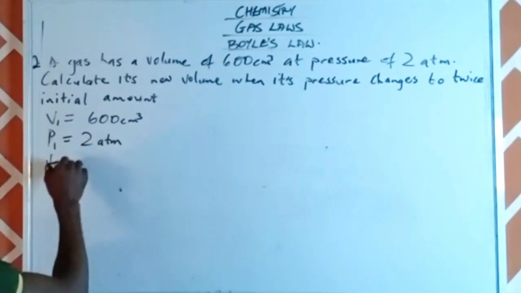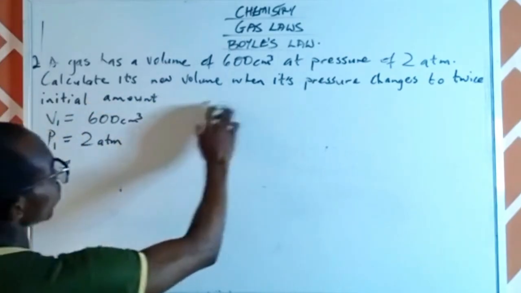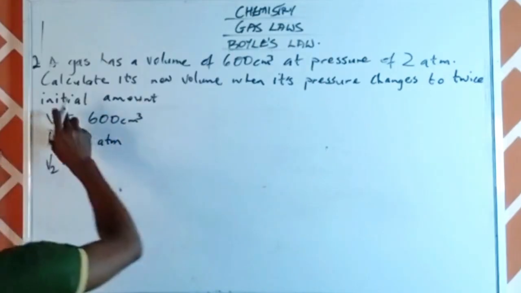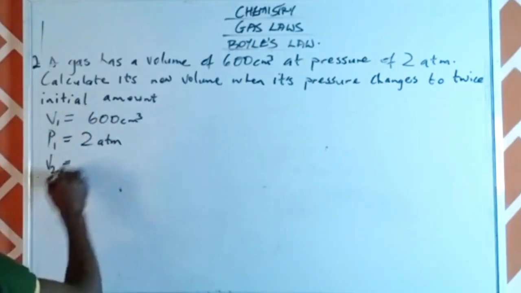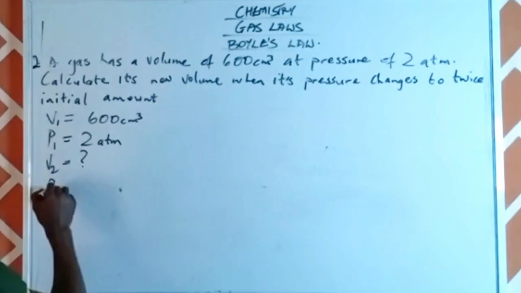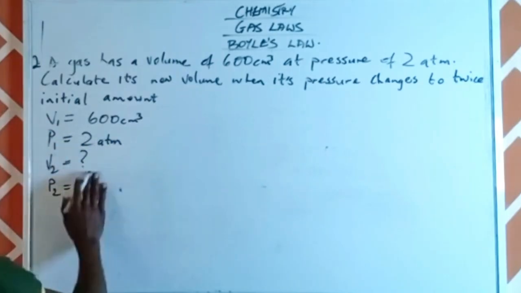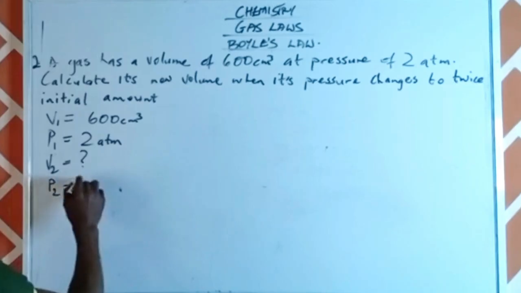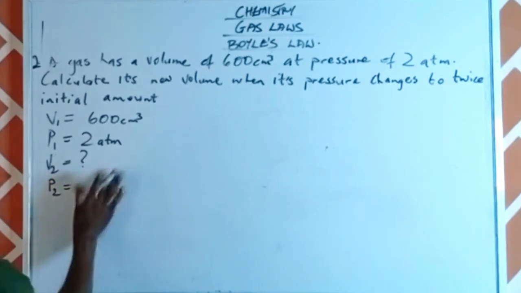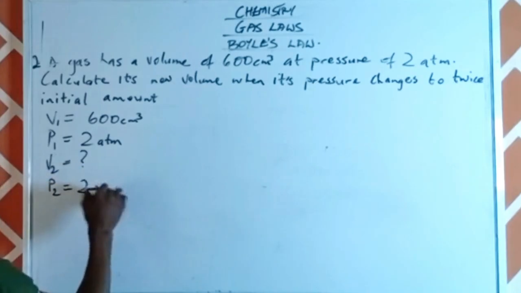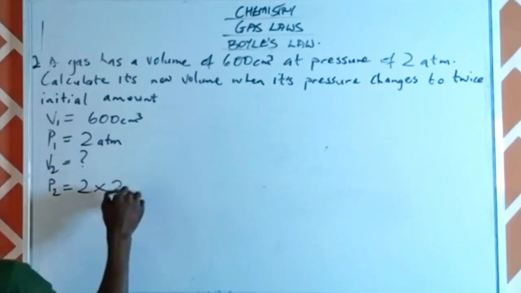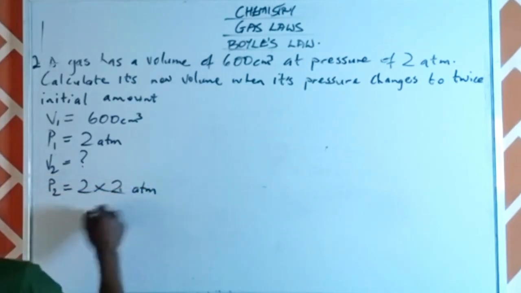And it says calculate the new volume when the pressure changes to twice the initial amount. So here we're looking for V2 because our P2 is twice the initial amount. So we have 2 times 2 atm, which is giving us 4 atm.